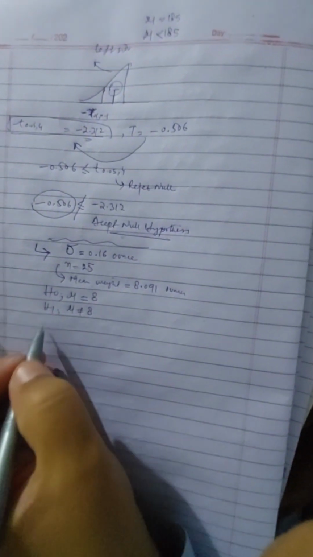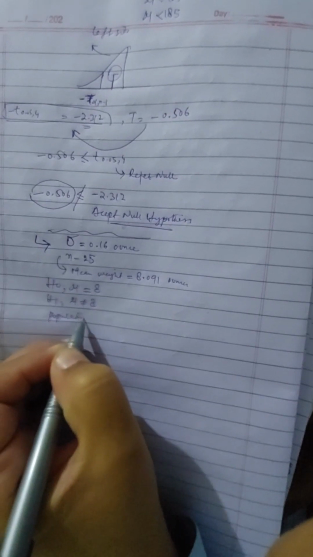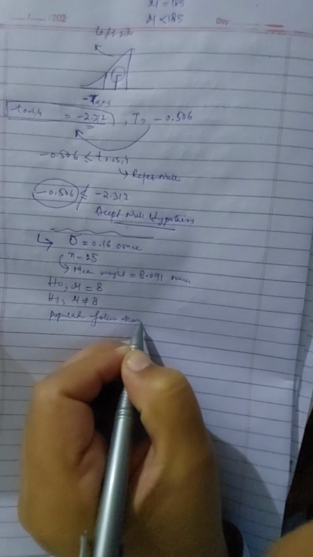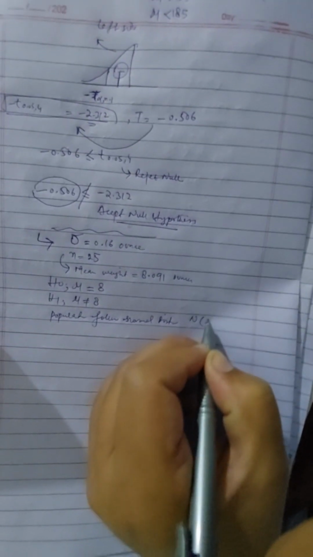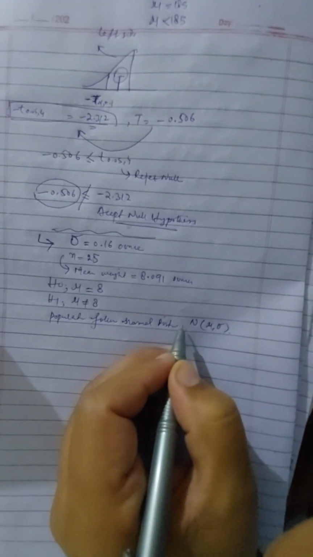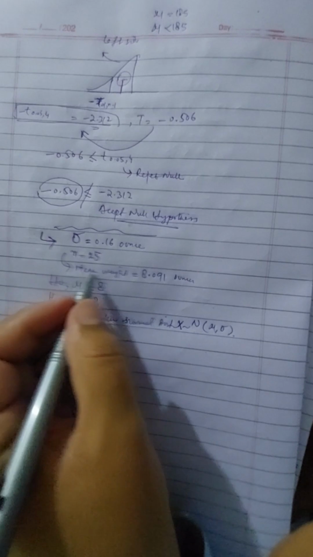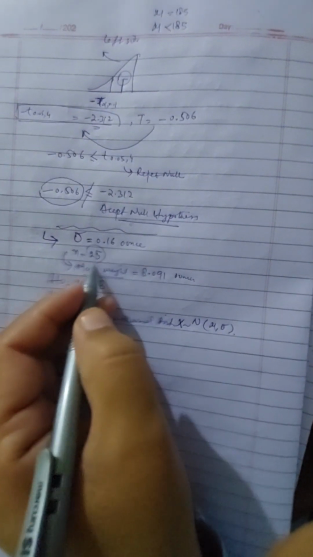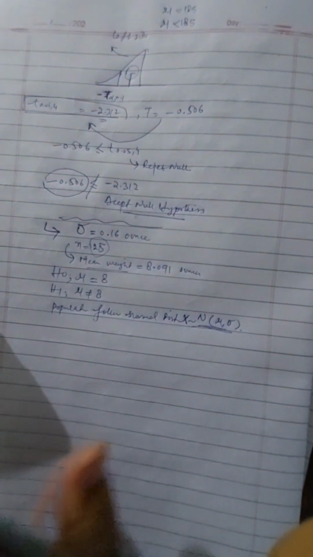Now we know that the population follows the normal distribution. So it means that the weights that were checked in the 25 samples follow the normal distribution.